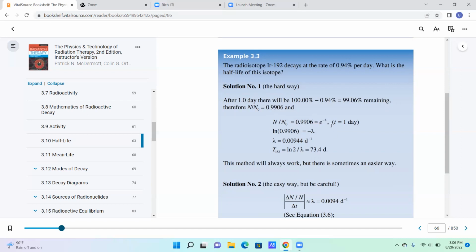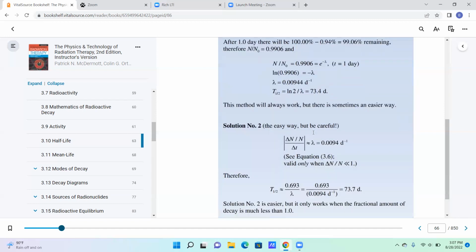Taking the natural log of both sides, so you can get at the exponent here, you get the log of this is equal to basically the natural log of e to this, but the natural log of e is just going to be 1. This part up here comes down to become a coefficient. So lambda is equal to this. And then the half-life is going to be this divided by lambda, or 73.4 days.